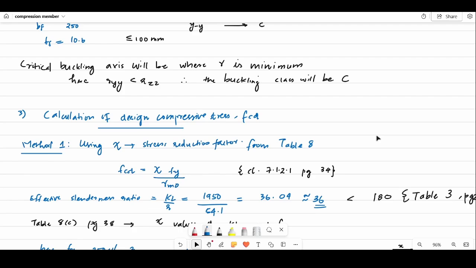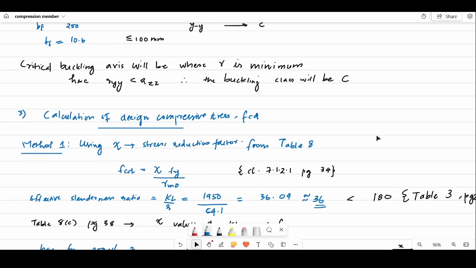So we know that in clause 7.1.2 on page 34, FCD will be equal to this stress reduction factor psi multiplied by Fy divided by gamma m0. There is another equation near to the original equation which we discussed earlier, with phi and lambda. So we can also use that to find the FCD value. Now, how can we find the stress reduction factor?